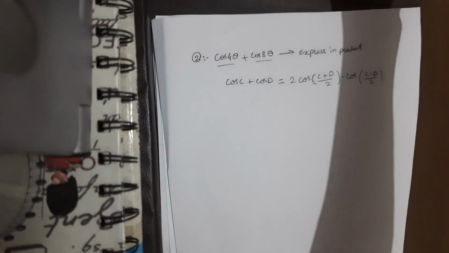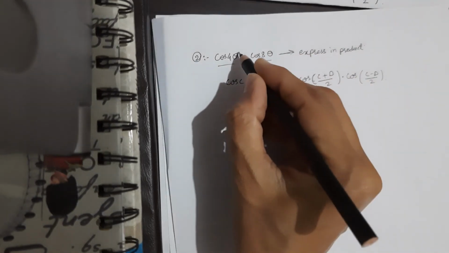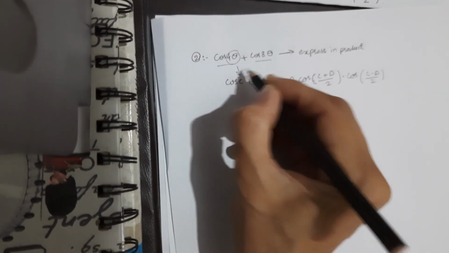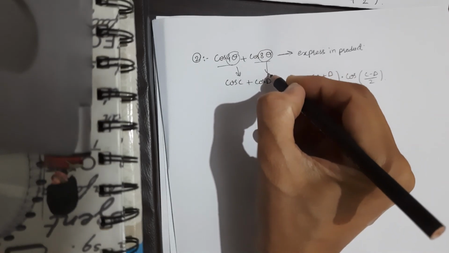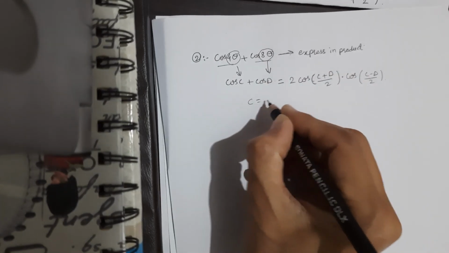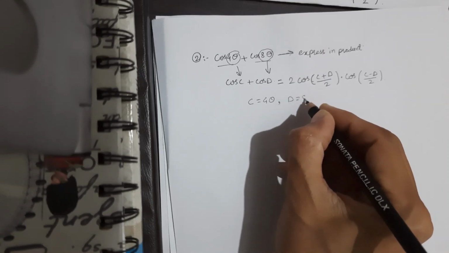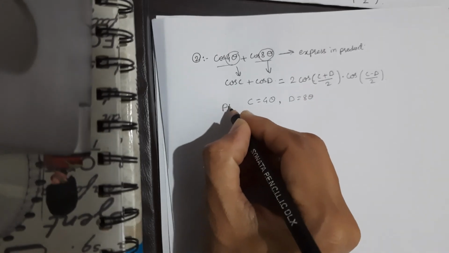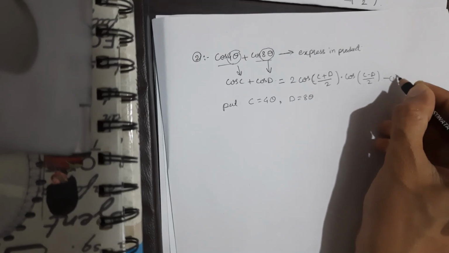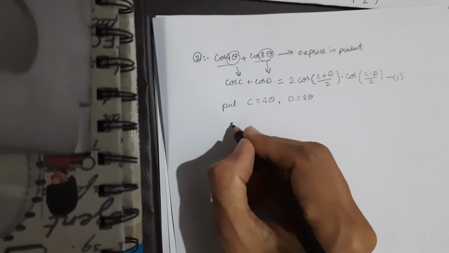Now here my C is 4 theta and my D is 8 theta. I'll just substitute these values in equation 1. So what will I get?